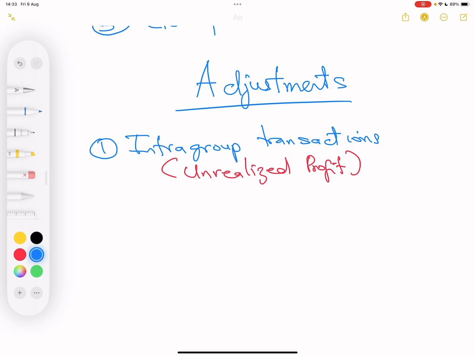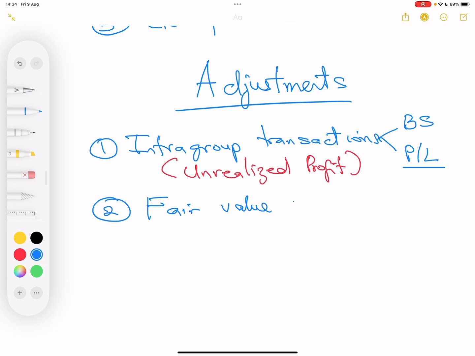Right. So for the intra-group transactions, it can be balance sheet items or P&L items. For balance sheet items, this can be things like borrowings, receivables, account payable, and P&L items are the trading items. But we'll look into all of them in details. Right. The second adjustment we'll be looking at is the fair value adjustment.